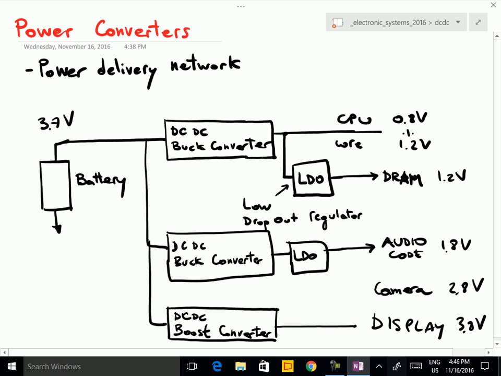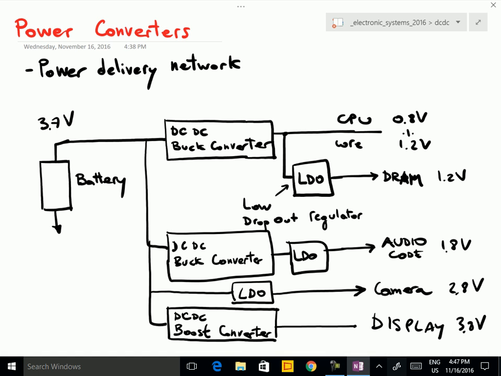And for the camera, the voltage on the camera is not so much more than the voltage on the battery, so in that case you do not use a buck, you just use an LDO. The LDO is not used alone typically, because if the voltage difference between the input and the output is large, the power efficiency of the LDO is very poor.